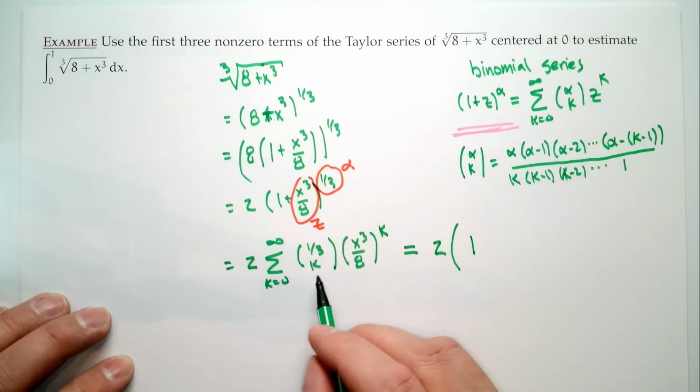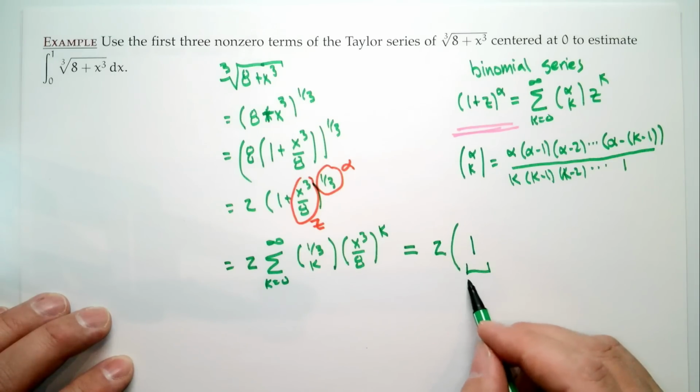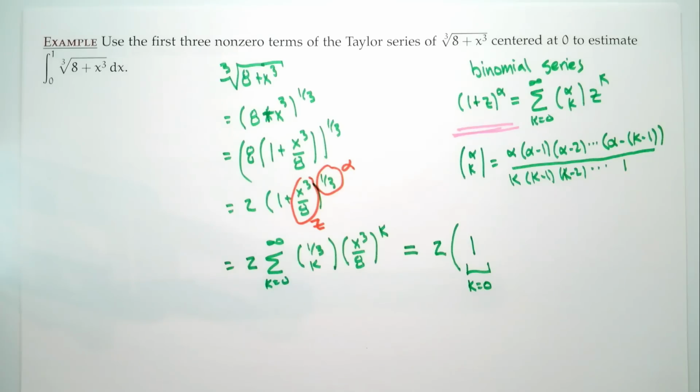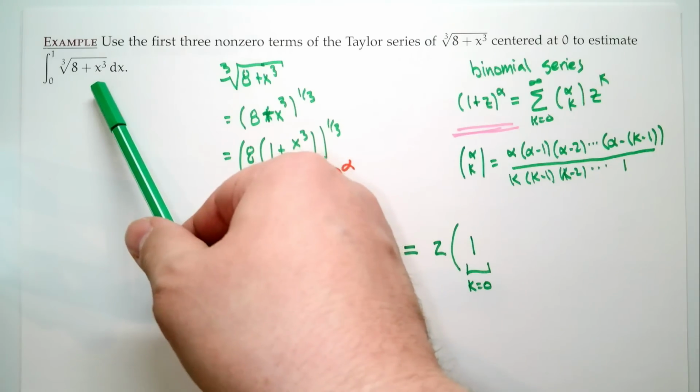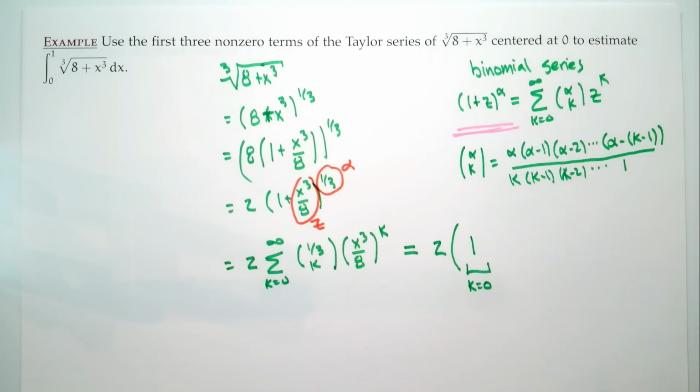Then I have x cubed over 8 to the 0, which is 1. So this is the k equals 0 term. Not very exciting, but you've got to put it in there. In some sense it's what you expect, because if you plugged in x equals 0, you should get 8 to the 1/3, which is 2. So there you see, you get 2 times 1.